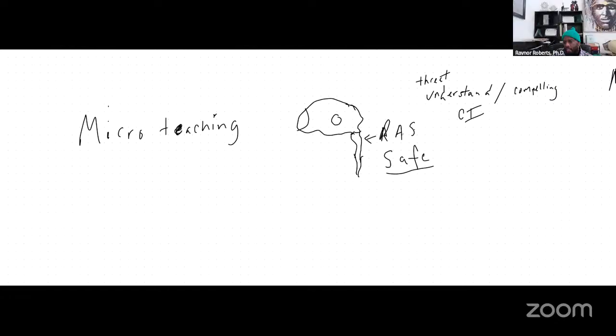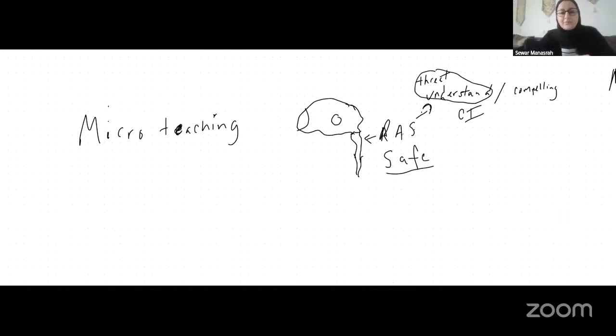What the RAS, the reticular activating system, is more concerned with is: is it a threat and is it understandable? If it perceives that comprehensible input as a threat or not understandable, it's going to keep it out. This is the brainstem here, and the brainstem is the oldest part of the human brain.